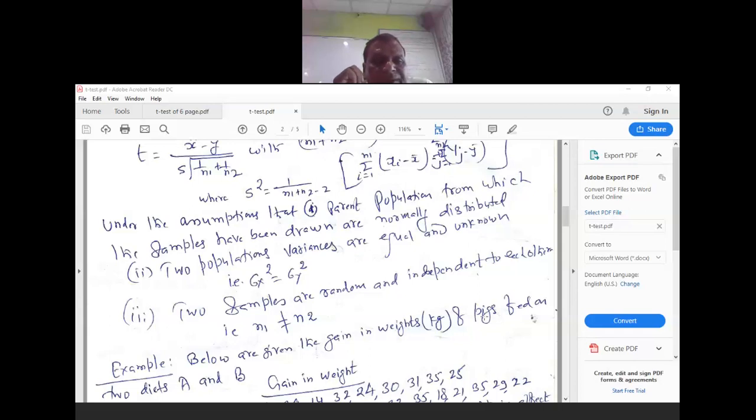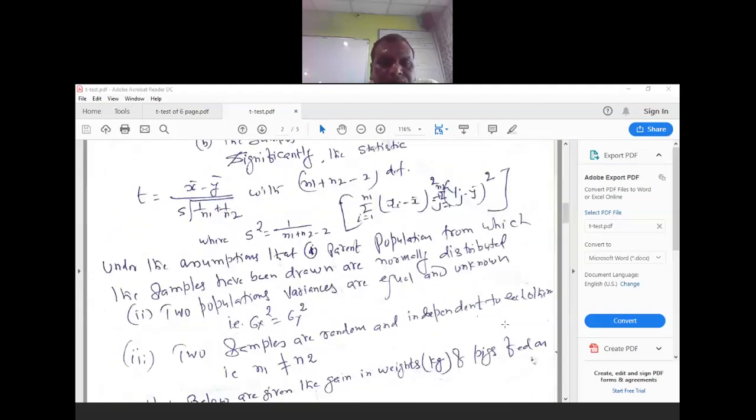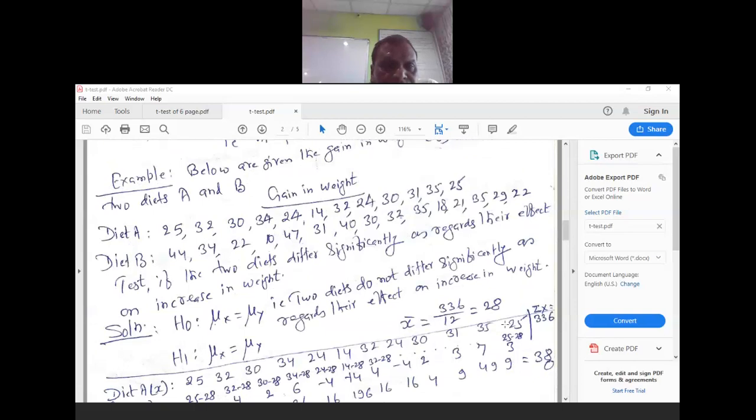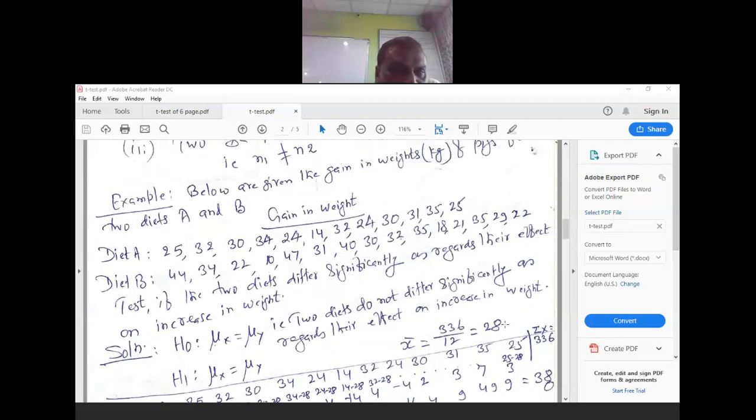You may write an example based on when n1 is not equal to n2. I have written this example on the screen. You may write it like this. Have you kept your copy and pen? So you may note down.